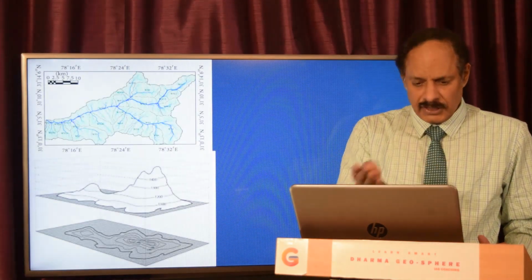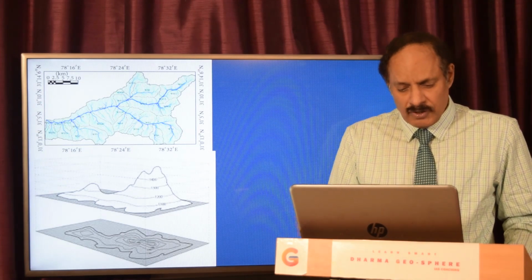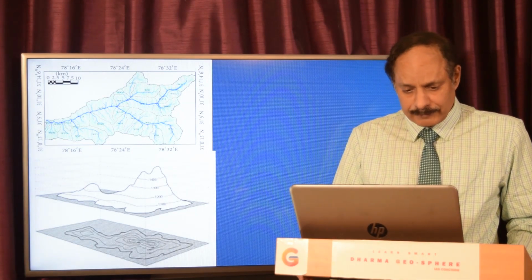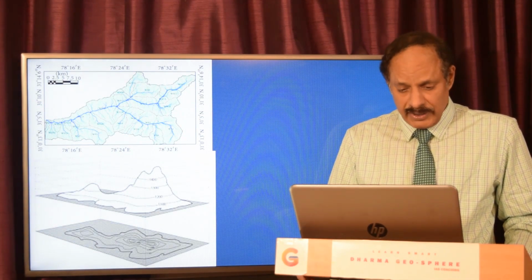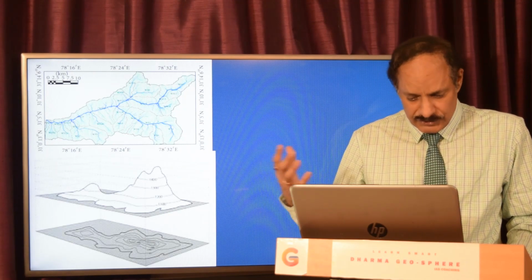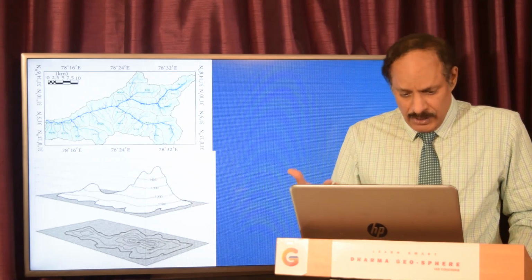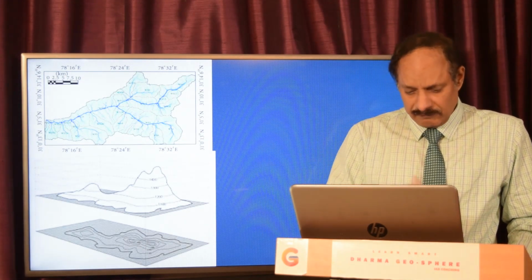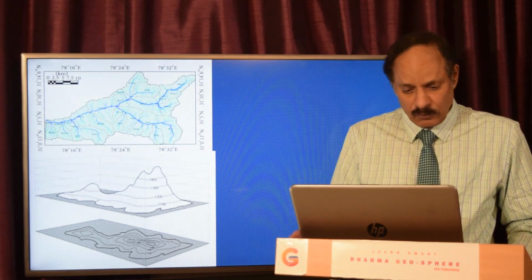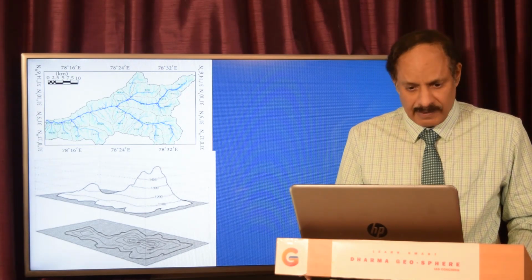So this is the profile from where you can deduce and identify the erosion surface, and you can also use this profile data and just use the topographic view and then find out where the erosion surface is.